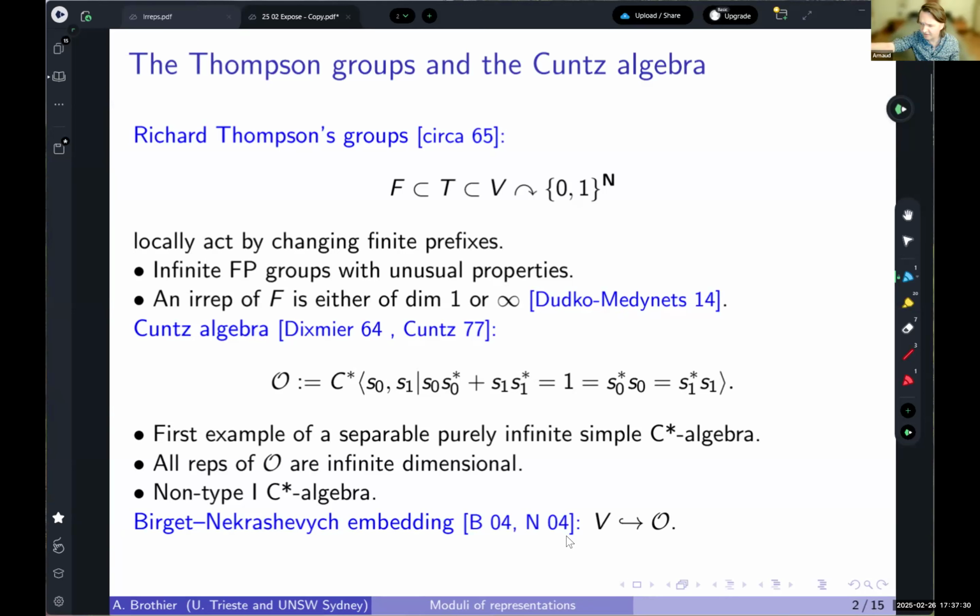So I think now the plan is that I connect this object. Question. I have a question. Yes, go ahead. It's about this embedding of V in the Cuntz algebra.